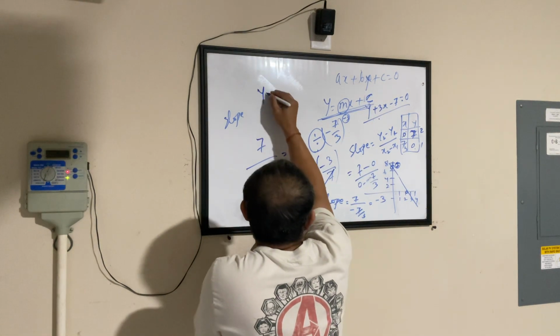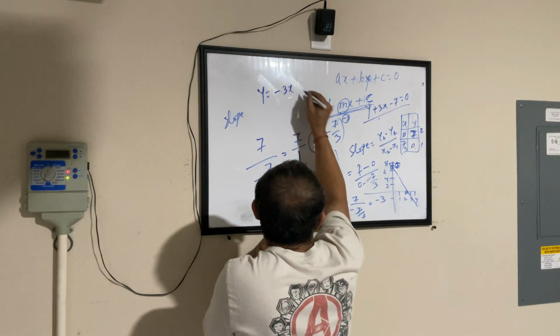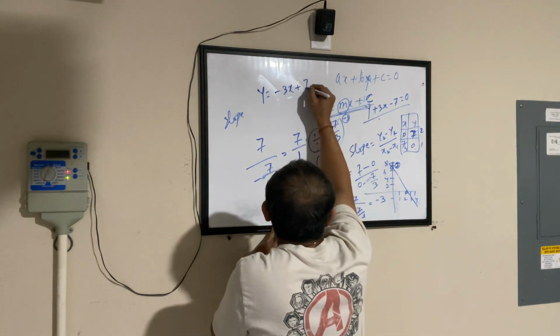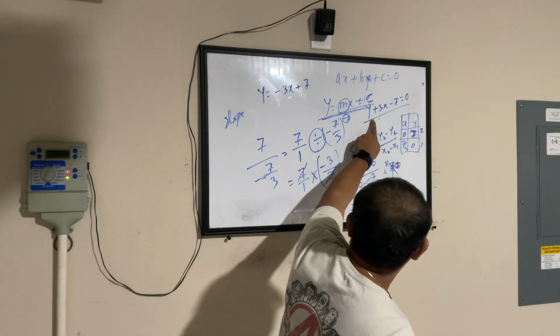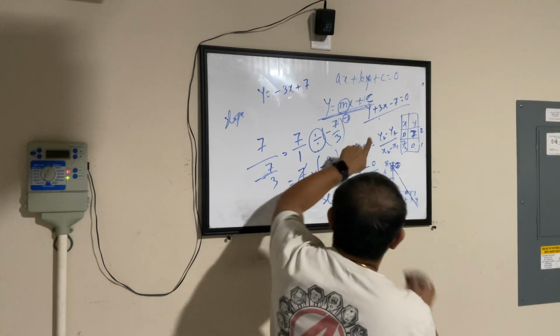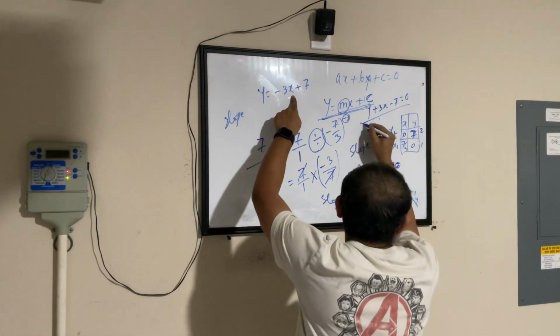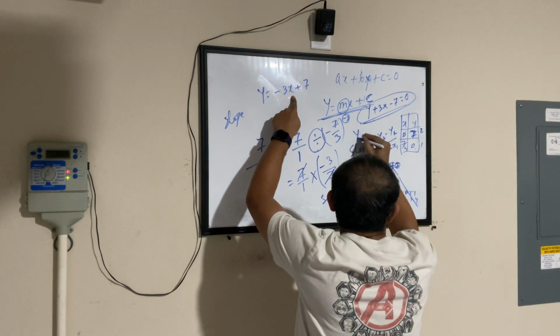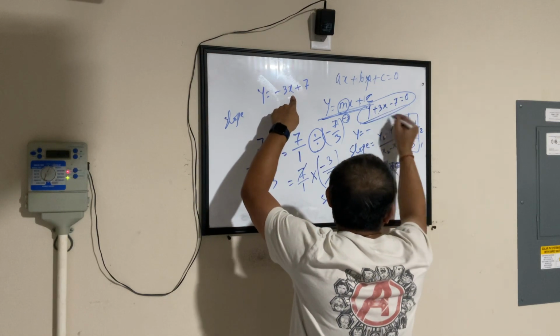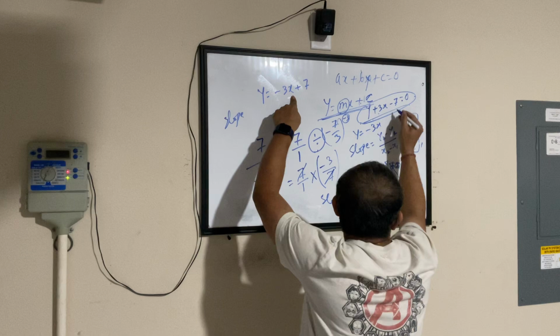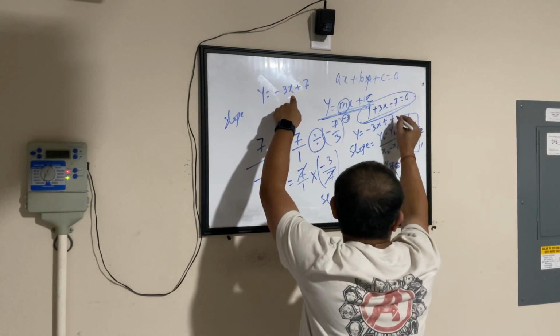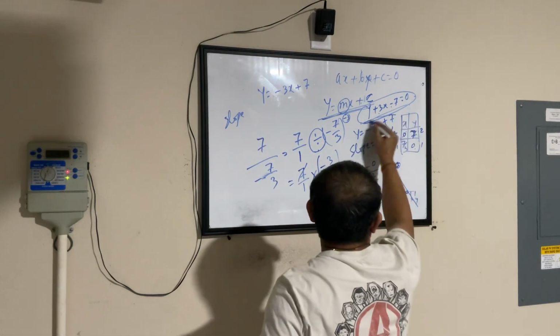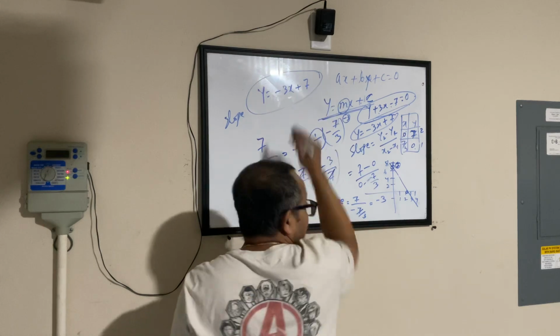So your equation is y equal to minus 3x plus 7. Look at your equation. It's the same equation actually. If you look at this one, y equals, this goes to the other side, becomes minus 3x, and minus 7 becomes plus 7. Y equal to minus 3x plus 7. This and this are the same.